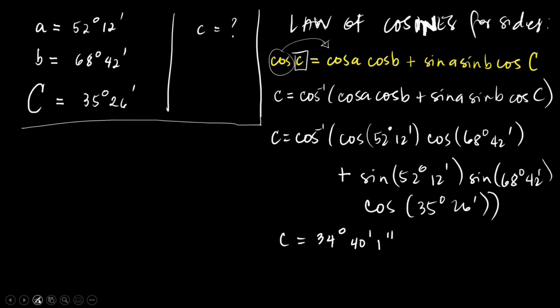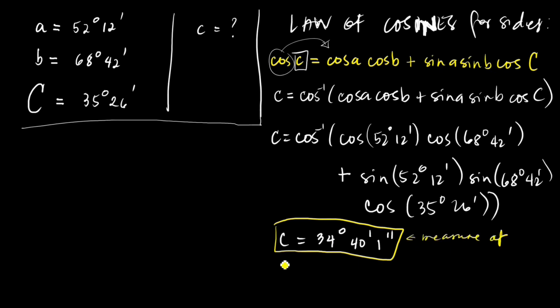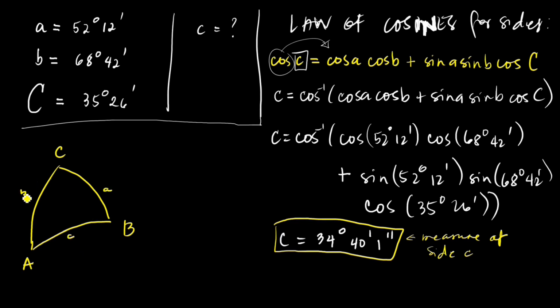This is not the measure of big C; this is actually small c, the measure of side c, because our big C is 35 degrees and 26 minutes. Next, since what we need is the distance, if you can remember in our drawing, if you have your A, B, and this is the big C, this is the small c, this is small a, and this is small b.